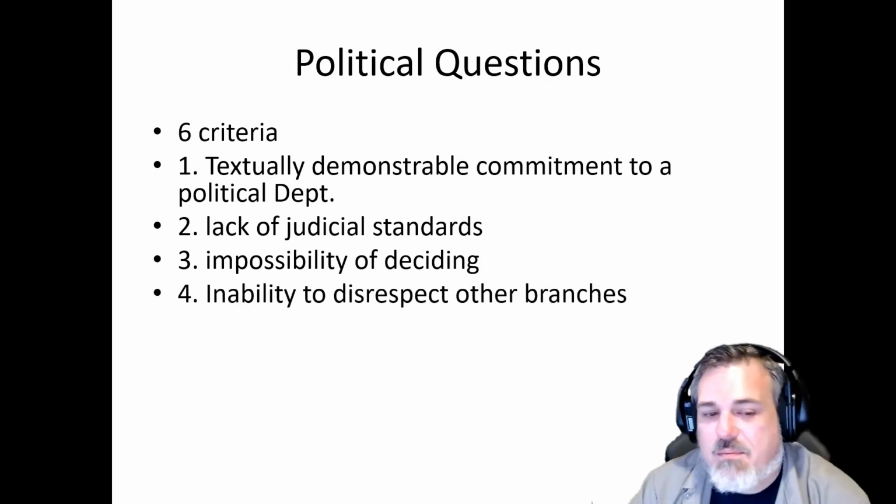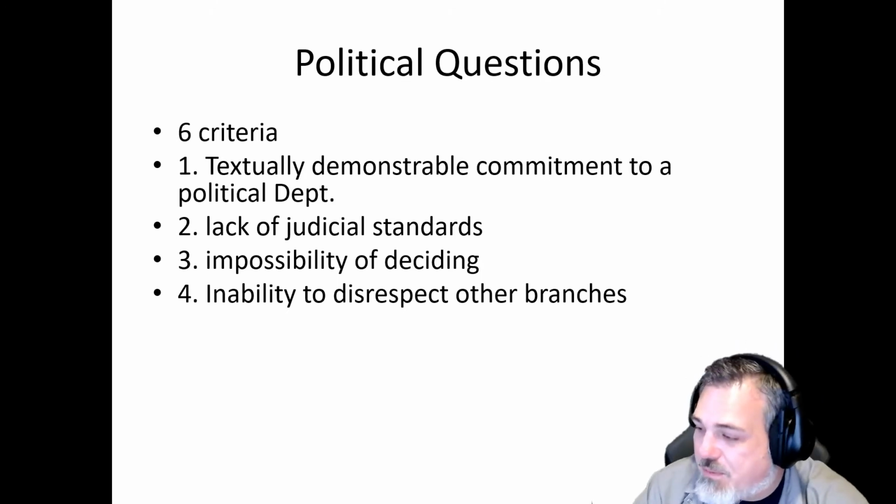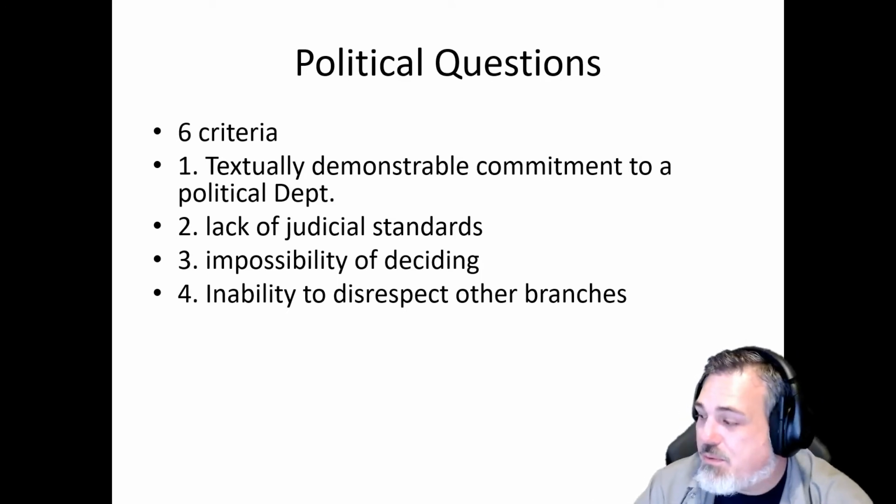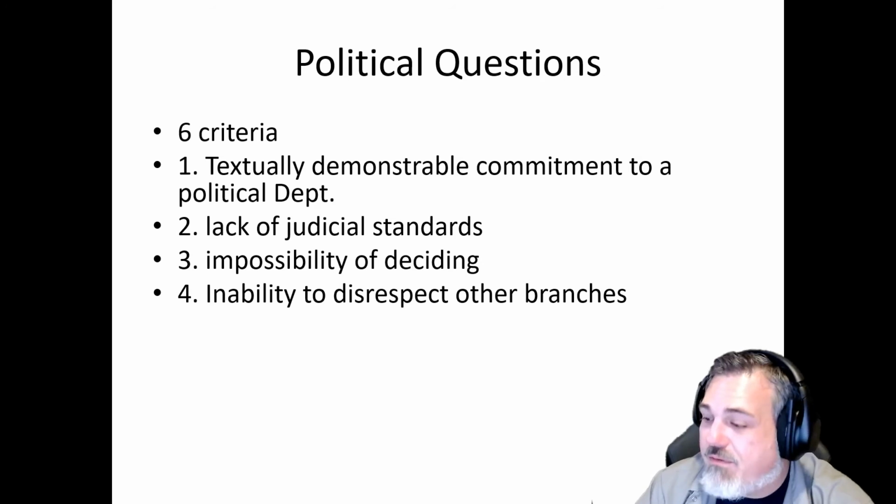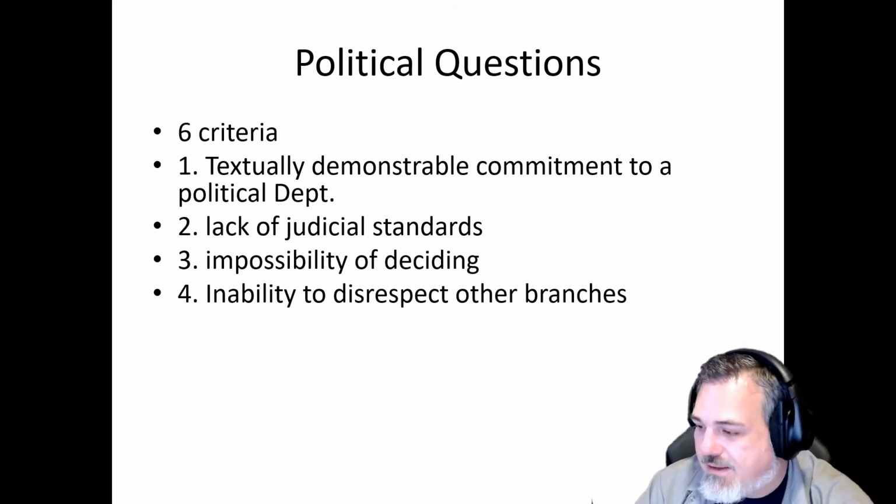Fourth, the inability to disrespect other branches. So the Supreme Court won't resolve an issue if it would besmirch and disrespect the other 2 branches of government, or one of the other 2 branches of government, or both even, in the instance of deciding the case.